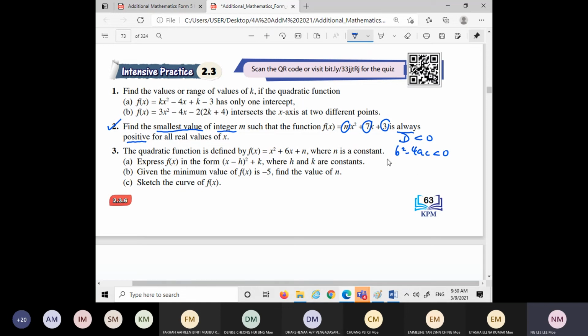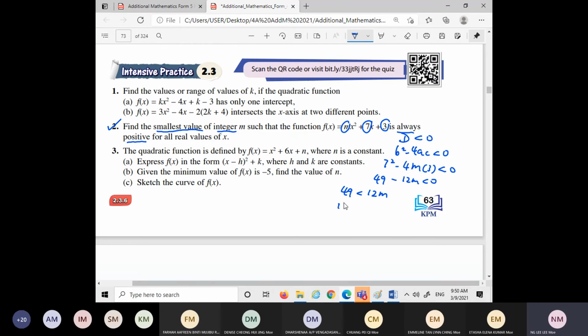So I continue. B is 7 squared, A is m, and this is 3, so 49 minus 12m. Then 49, go to this side, becomes plus.